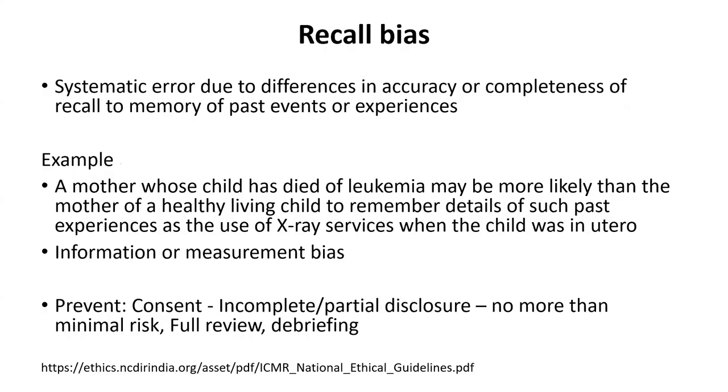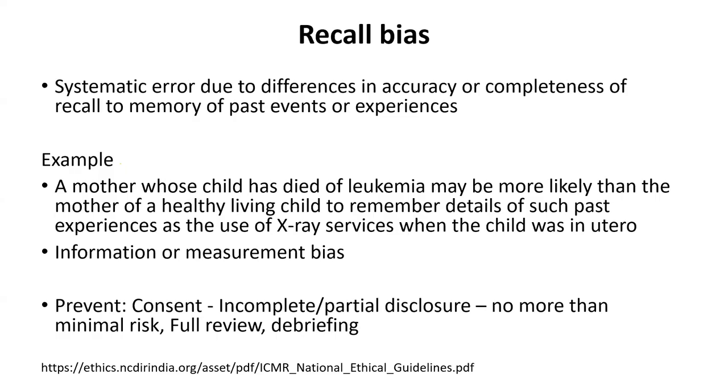A very common type of reporting bias is a special type known as recall bias, where there are systematic differences in reporting the exposure in terms of either the accuracy or the completeness, in terms of the memory of past events or experiences. So you are looking at the disease and non-disease status, and you are asking about exposure in the past.